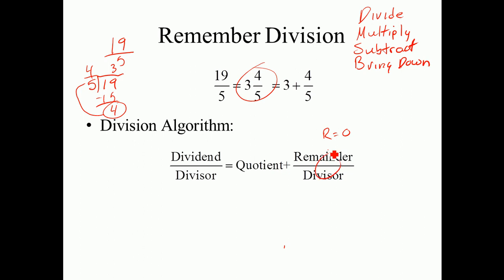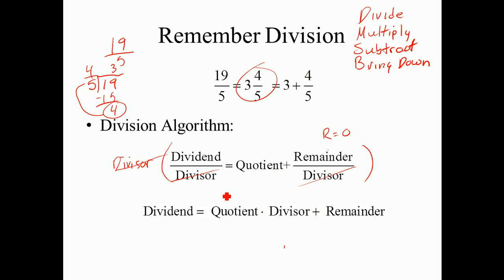But what I should show you is that we can make this simpler. If we multiply this whole thing by the divisor, then notice that these cancel out, and those cancel, and that cancels out. So what we're left with is dividend equals quotient times divisor plus remainder. Just a simpler way to write it, but they're both important nonetheless.